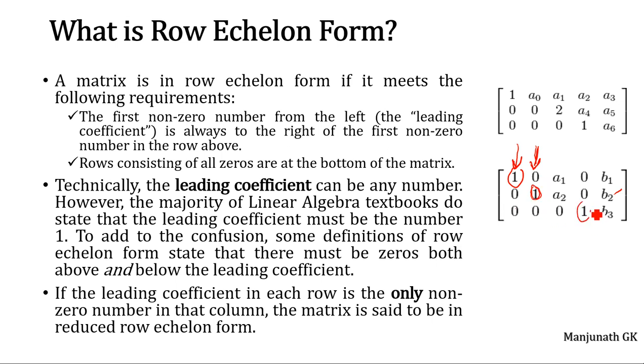Similarly, the third leading element is the leading element in the third row, and it is the only non-zero element in the third column. If that is the case, then we call it a reduced row echelon form. You can observe here that is the difference between row echelon form and reduced row echelon form.